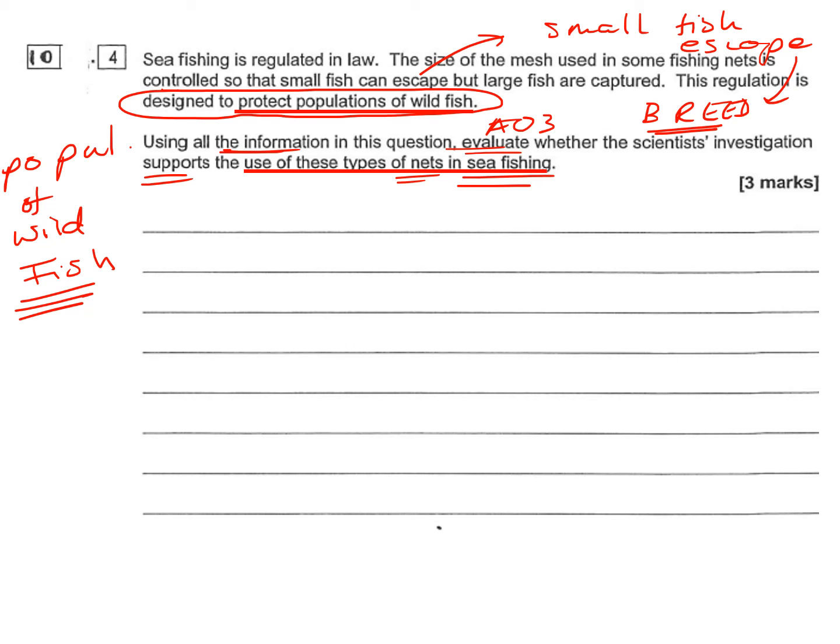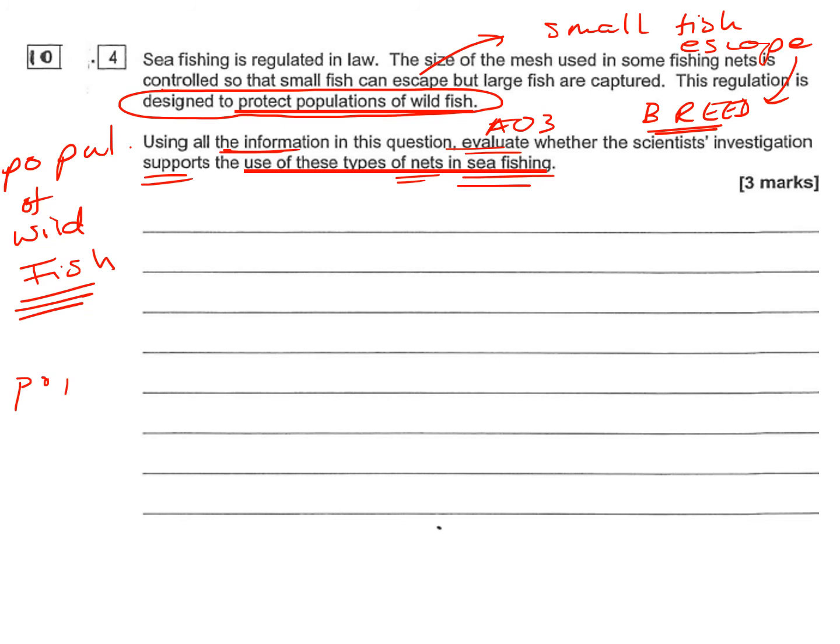Now, if you think about that, we've shown through the investigation that the mean mass is going to decrease over time if the small fish are allowed to breed together, directional selection. What we're not told is the population of the fish in the tanks. It just gives us the mean mass of the fish over generations. So some of the missing data here is that we've got no data for populations of fish in the tanks. We've just got the data for the mean mass.